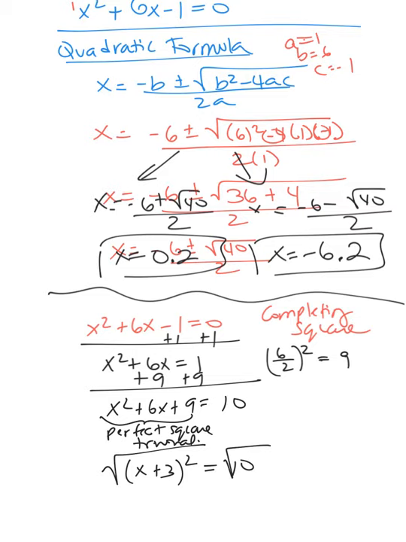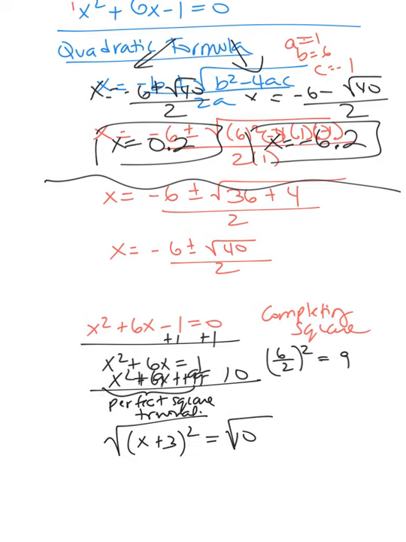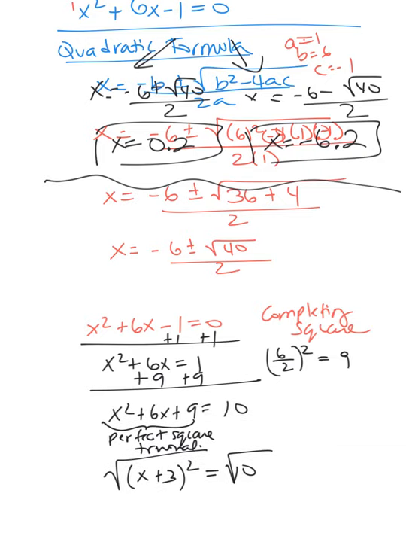Sorry, guys, I don't know why it's breaking up all my stuff like this. We're going to take the square root. These cancel. I'll switch to blue so you can see it. I have x plus 3 equal to positive or negative square root of 10. I now subtract 3, and I write this as x equals negative 3 plus or minus the square root of 10.